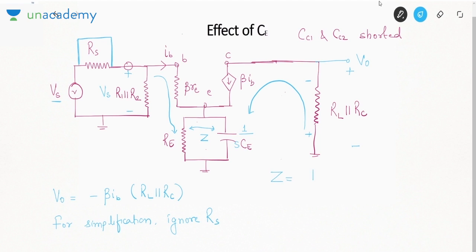So Z will be RE into 1 by SCE by RE plus 1 by SCE. That is RE by 1 plus SCE into RE. Now here the current is IB, here it is beta IB, so the current here would be 1 plus beta IB. Okay.